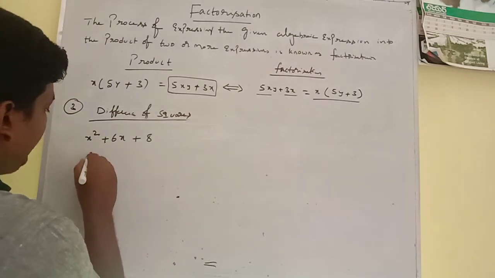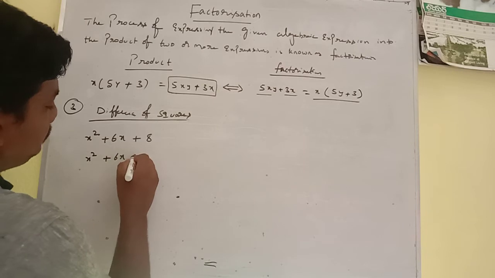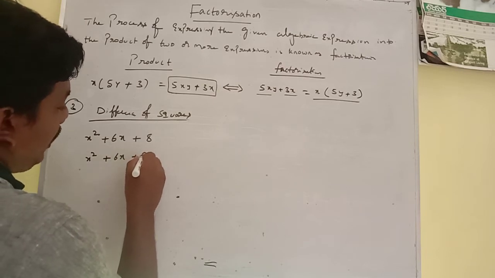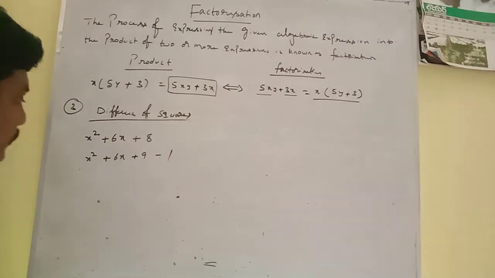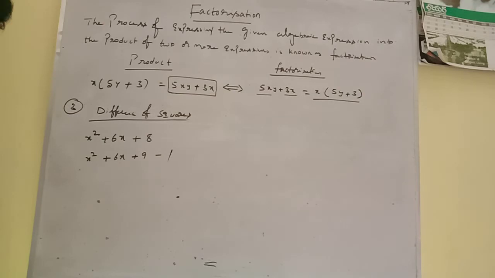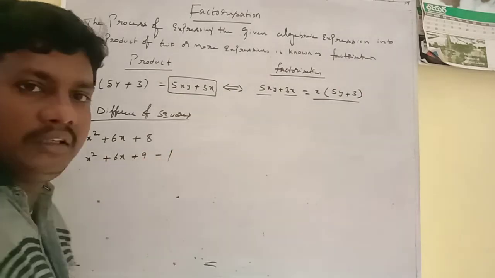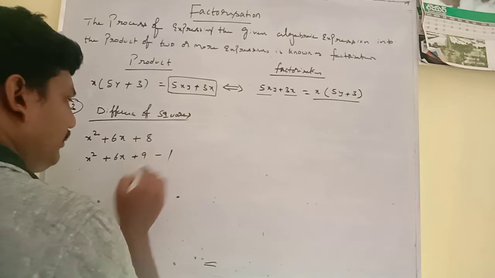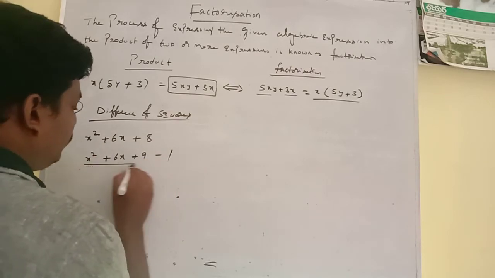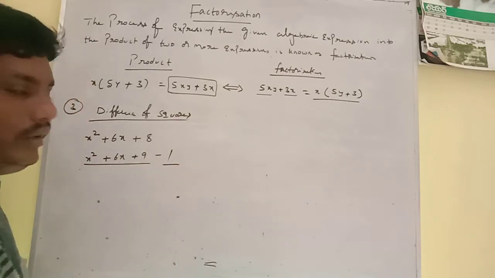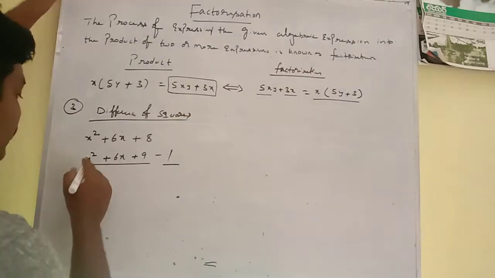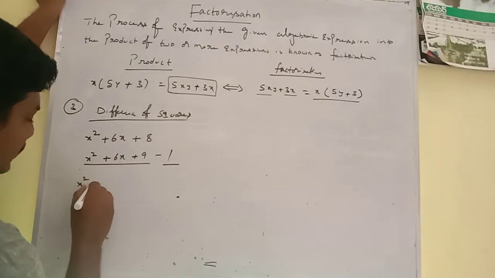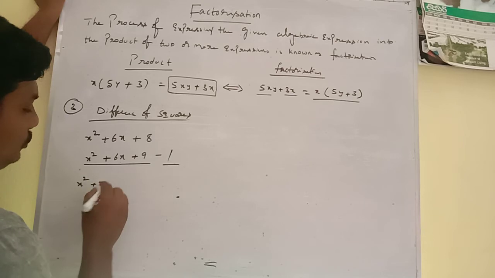See here, x square plus 6x plus 9 minus 1. I can write this 8 as plus 9 minus 1. Now I am going to group this one.